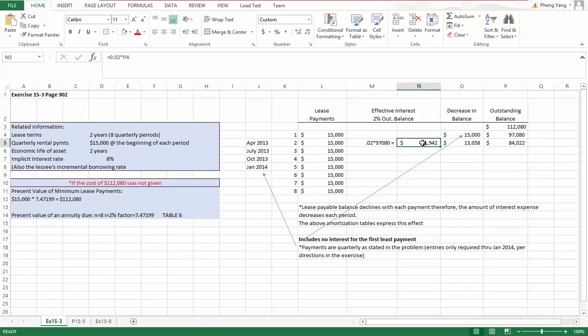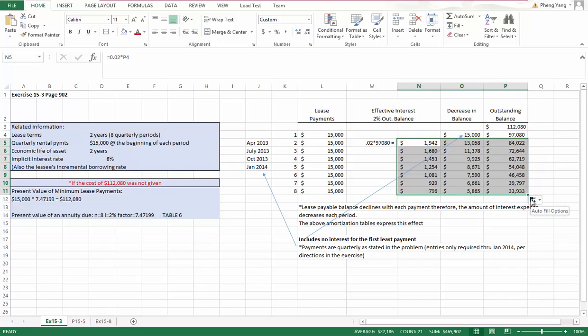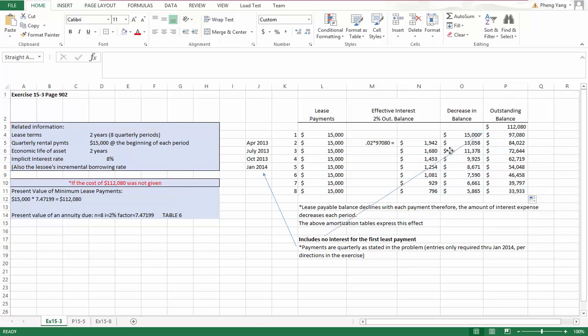So let me see what I'm going to do here. I'm going to go ahead and copy or drag my cursor over. I'm going to copy the formulas down. Okay, I'm going to see if this worked here. Not sure. Oops. Sorry about that. Didn't want to move that there.